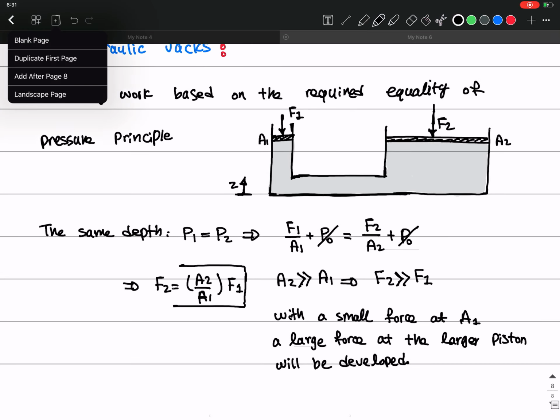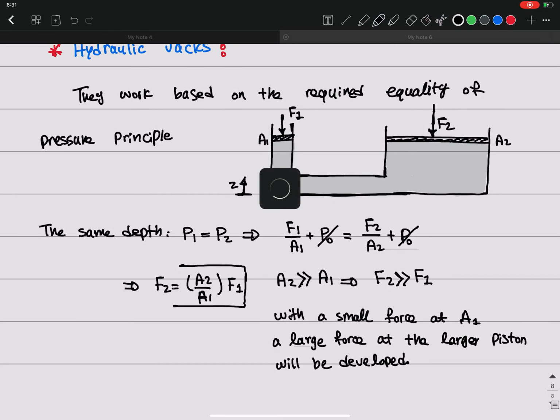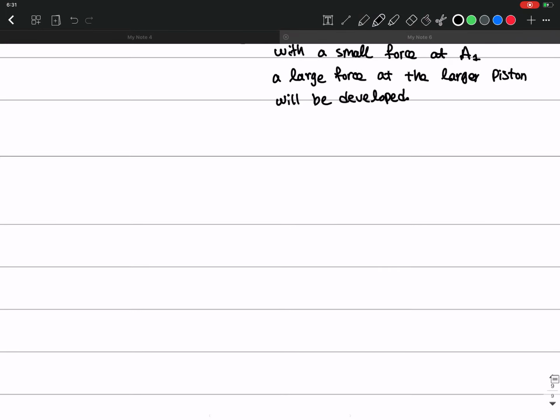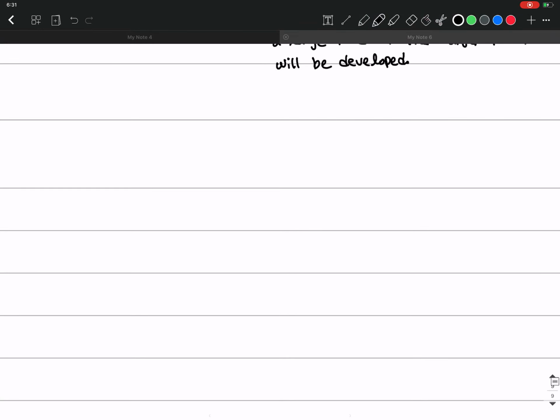Okay. And now I want to introduce barometers. These are devices for measuring atmospheric pressure.